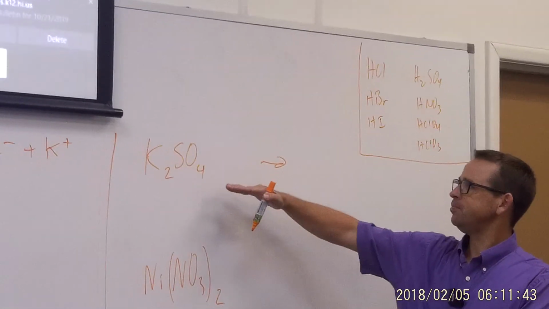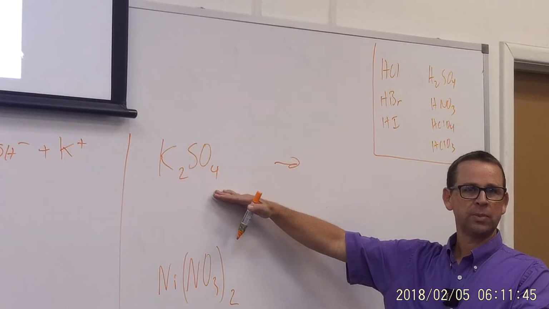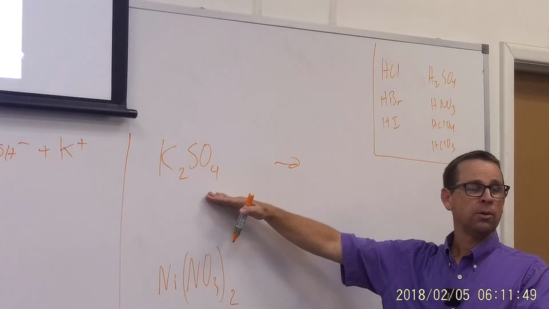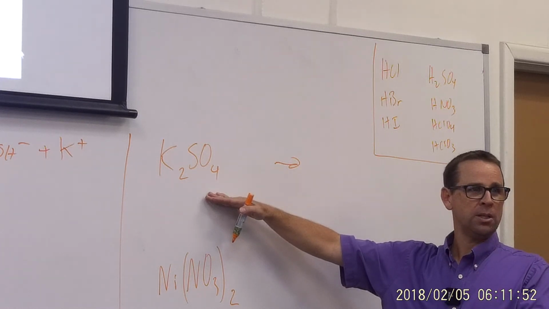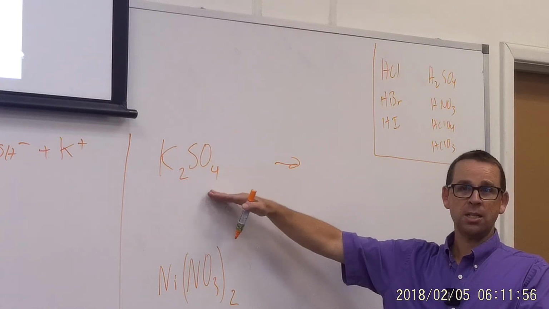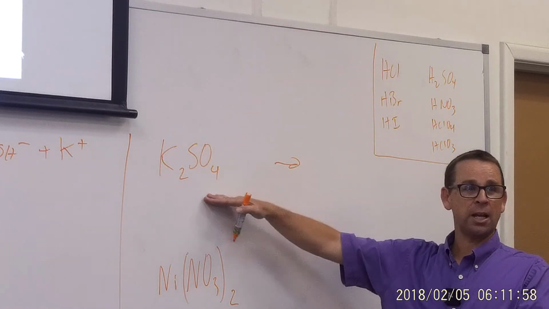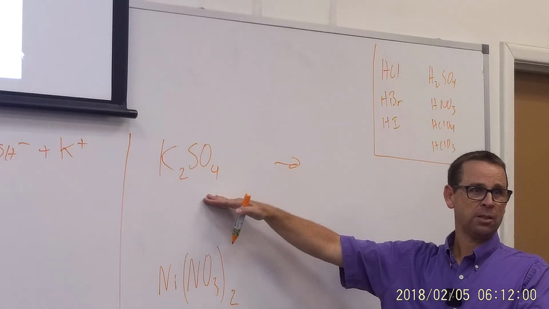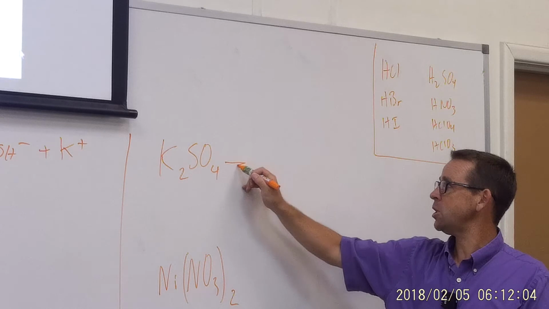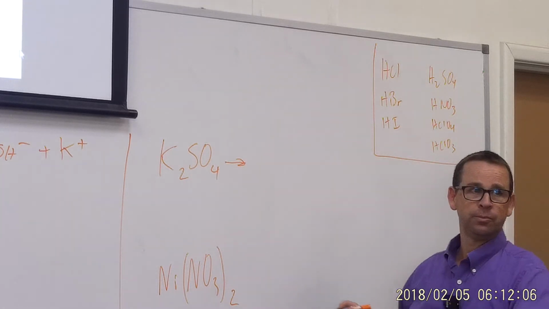How about this one? Is this an acid or a base? Or is it not a base? It's not, is it? It's not a base and it's not an acid either, right? But we can show how it's going to dissociate in water. Or will it?